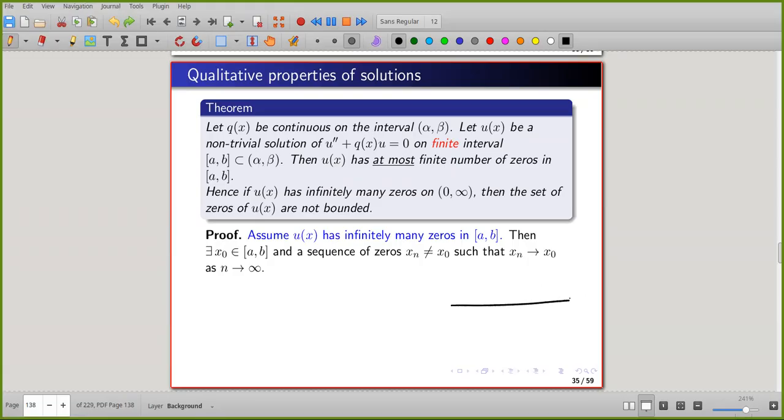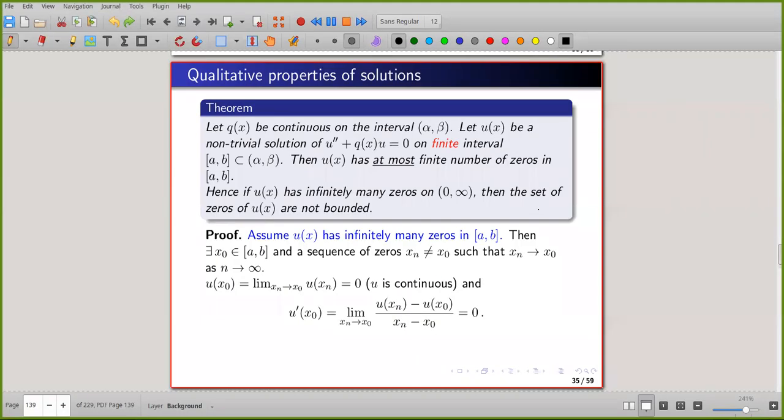I have this compact interval, and here it has infinitely many zeros, all in the domain where everything is defined. Out of these infinitely many zeros, I can find an x naught and a sequence of zeros xn such that xn converges to x naught as n tends to infinity.